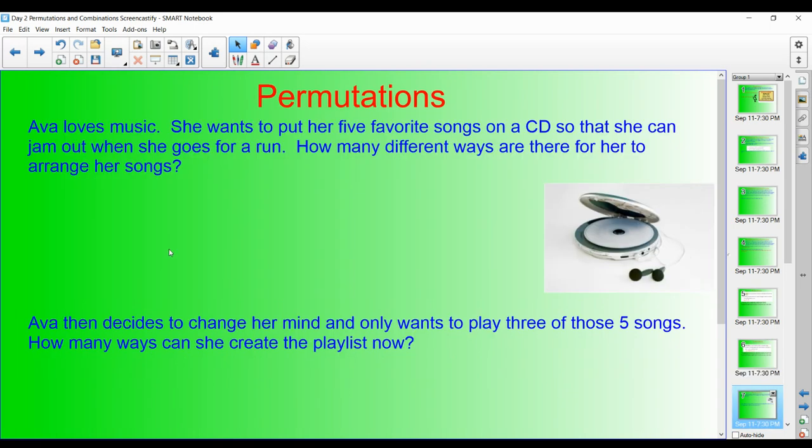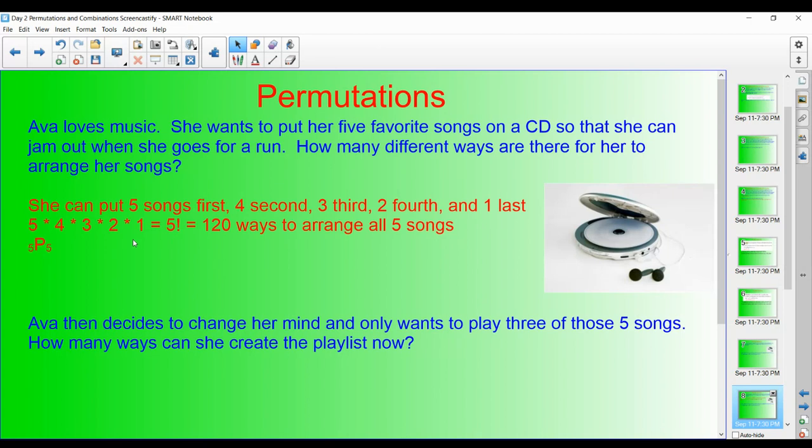Okay, let's say Ava's got 5 songs on a CD. Yeah, I know I'm old. I like CDs. She wants to arrange her songs in order, picking one to go first, one to go second, all the way down to last. That's 5P5 because order matters.